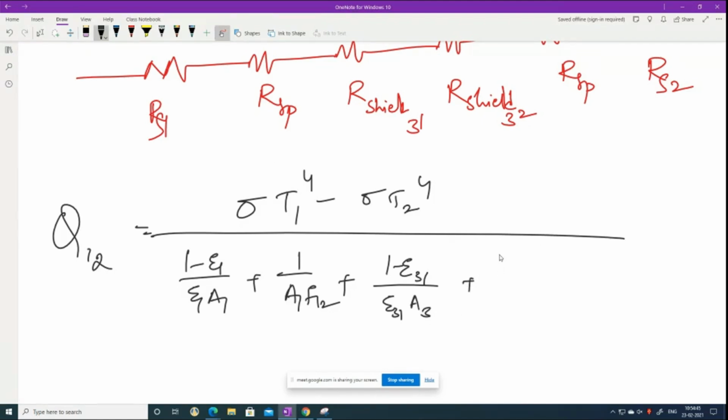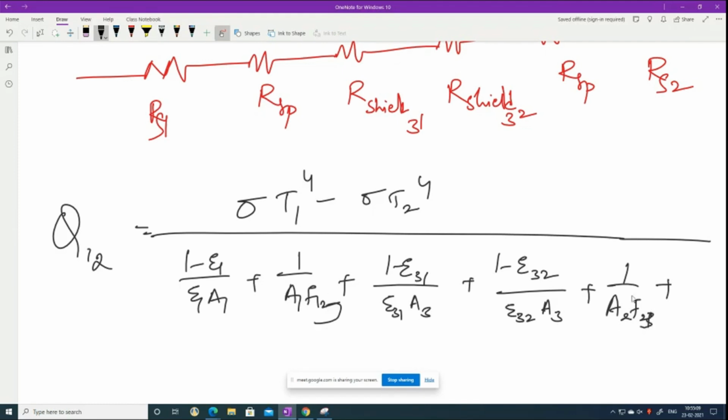That's the difference. 1 minus epsilon 32 by epsilon 32 into A3 plus space 1 by A2 F21, F23 is actually, this is 3, 2, 3, because 3 will come in between, and this one is space cavity 1 minus epsilon 2 by epsilon 2 A2.